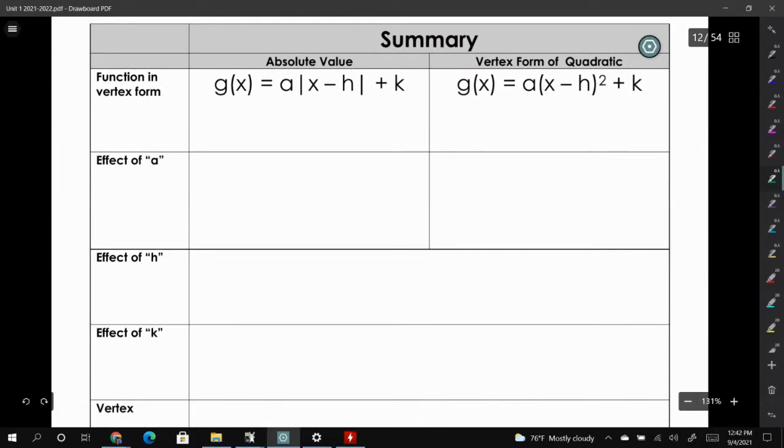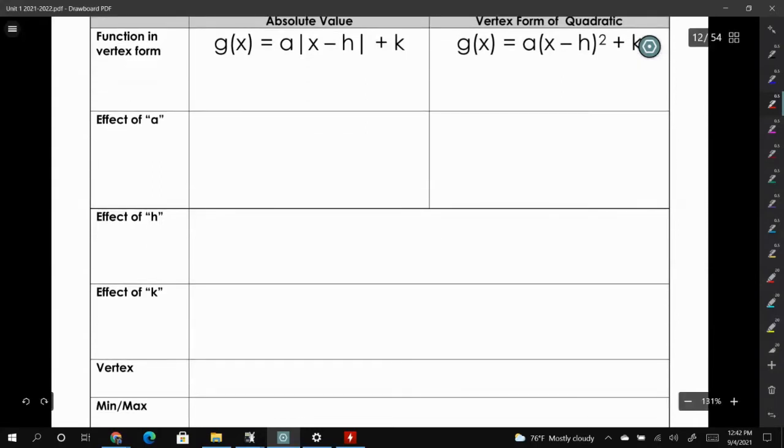Okay, now let's look at the summary. The effect of A is a little bit different on absolute value and the vertex form of the quadratic. A does tell you if you have a shrink or stretch, and it does tell you if you have a reflection.